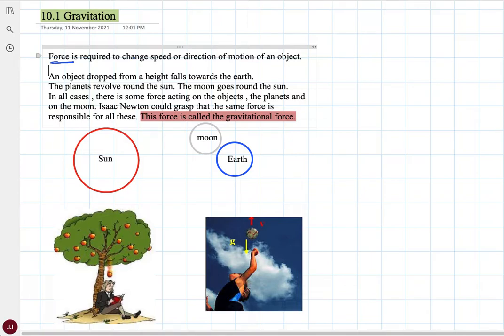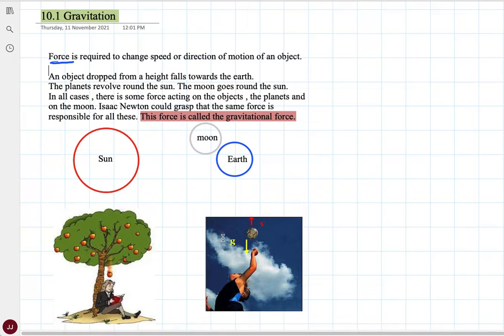Let's take two small, simple examples. An object dropped from a height falls towards the earth. Here you can see in the picture, somebody is throwing a ball. When you throw a ball up, after the motion has expired, it goes to the peak and stops there, and it is attracted by its weight.